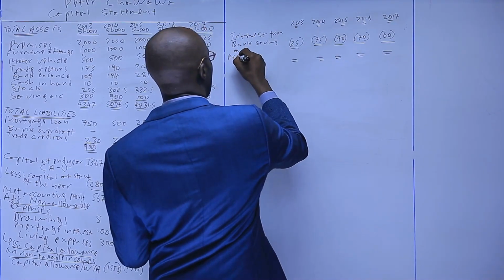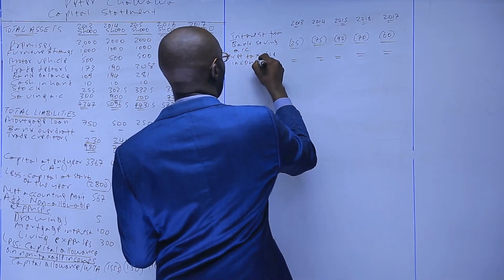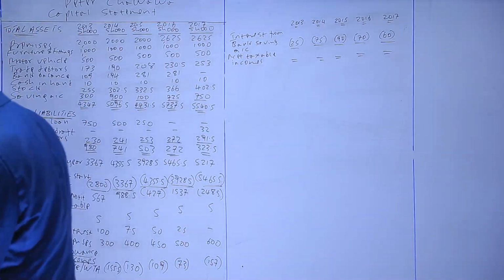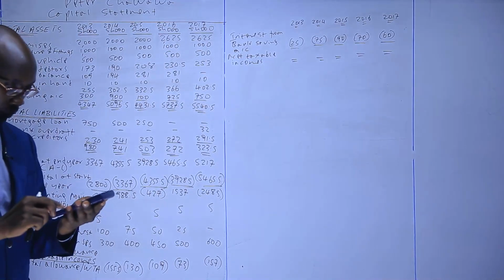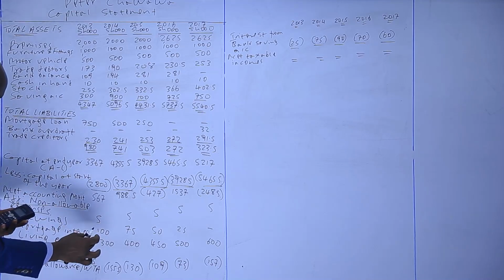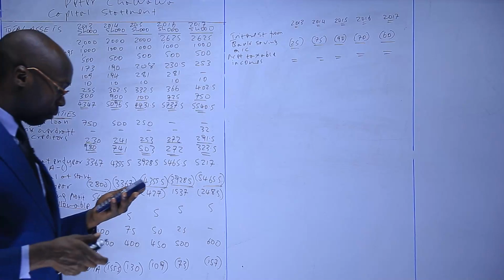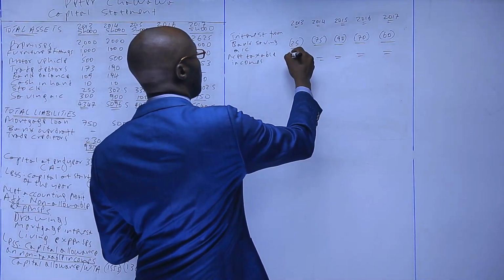Now with nothing more, we can get net taxable incomes. So we add them. We start from here, 567 plus 405 minus 155.5 and then minus 25, 791.5.